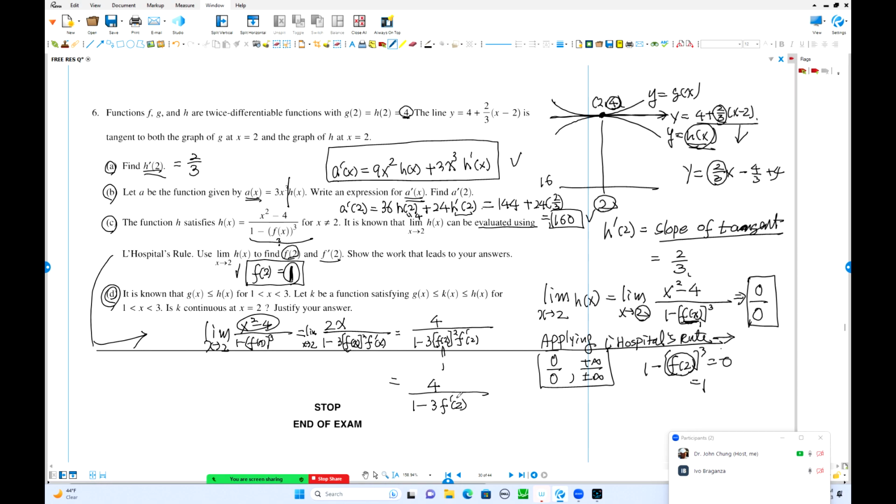Okay. So we got this as the derivative. So what is the limit value here? We can plug in something for the f of x part. So it'd be 3 times the f prime, the derivative of f of x, which we found in the previous one.